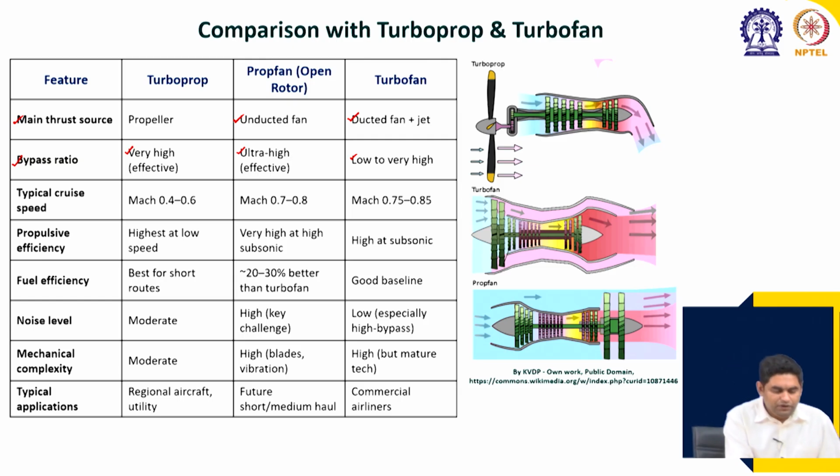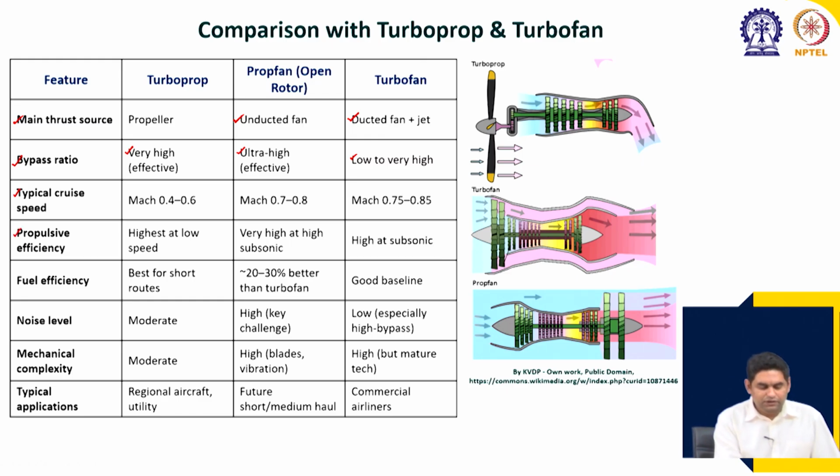Typical cruise velocity: Mach 0.4 to 0.6 for turboprop, Mach 0.7 to 0.8 or even 0.9 for prop fans, and Mach 0.75 to around 0.9 for high bypass turbofans. Low bypass turbofans are generally designed for supersonic speed.